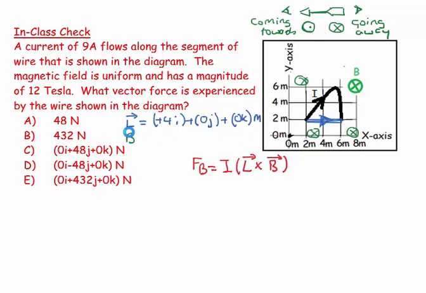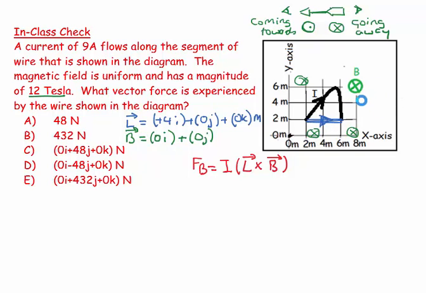So our B is only in the z-axis, and it has no component in the x-axis, so 0i. It has no component in the y-axis, so 0j. And it only has a component in the z-axis, and that is 12 Tesla.